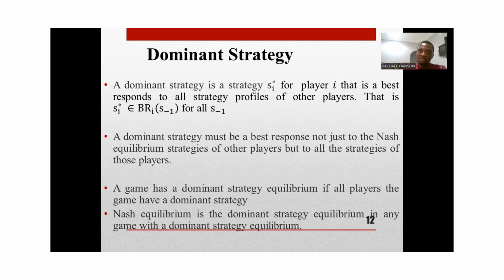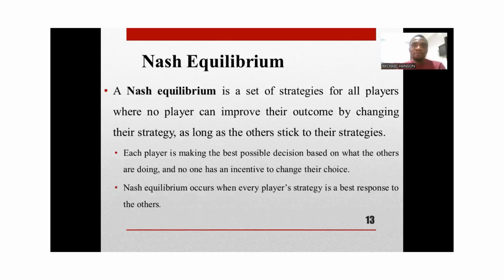And that is the dominant strategy we're talking about. And mostly dominant strategies lead to Nash equilibrium, but that is not a sufficient condition for Nash equilibrium. We'll talk about them.